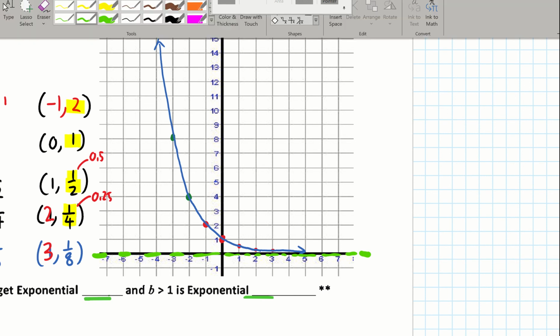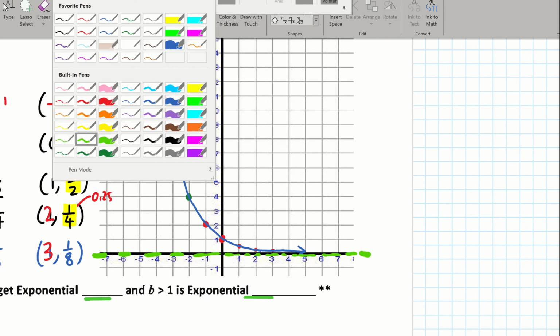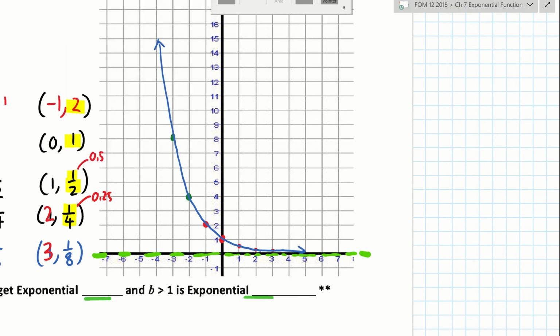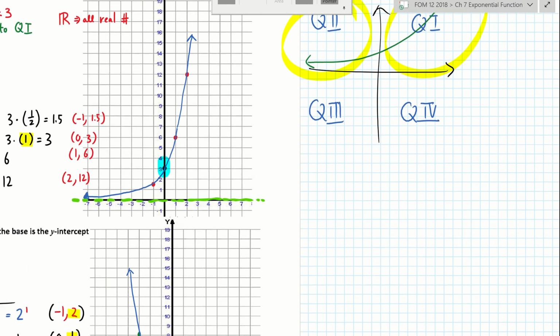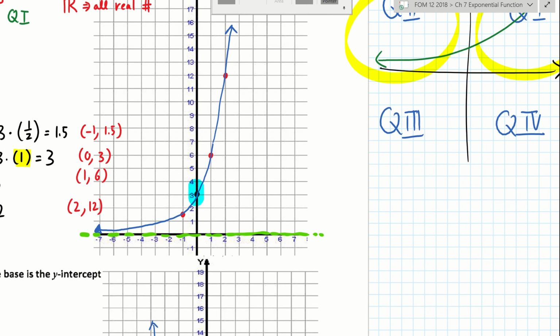So these are different compared to what we had before. So let's go back up. What we have before, the function that's going up, is called exponential growth. So it's growing, right?